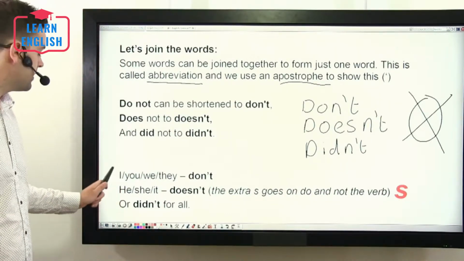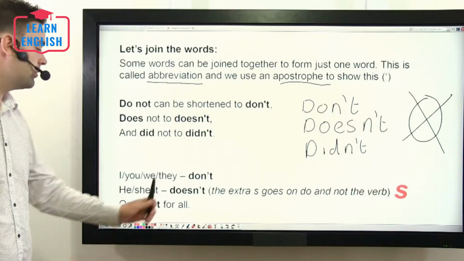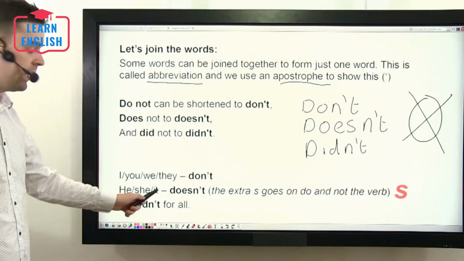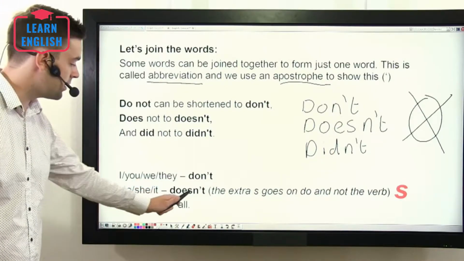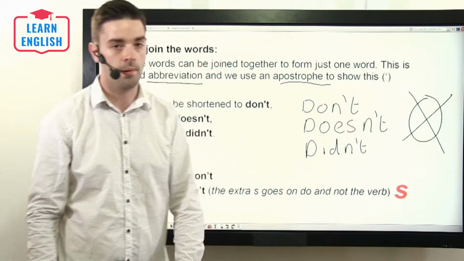If the subject is I, you, we, they, then we use don't. If it's he, she, it, it's doesn't. The extra S goes on do and not the verb.